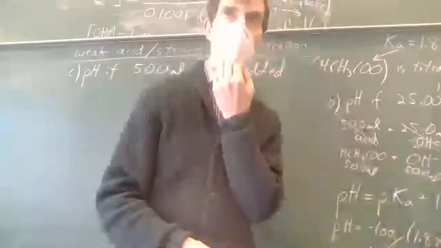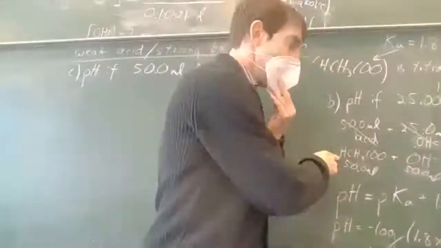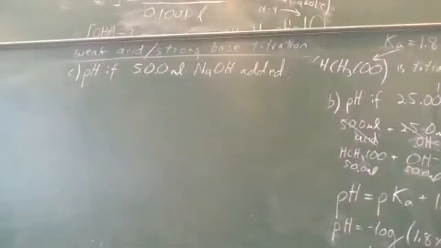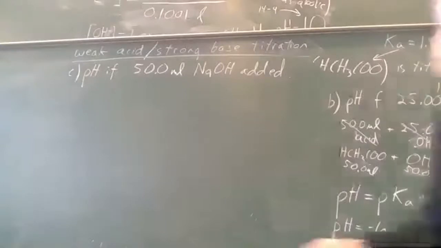That means, essentially, I've made completely what? What's interesting on the other side? Not neutral. What have I made, other than the water, that's important? Let's write the reaction again.